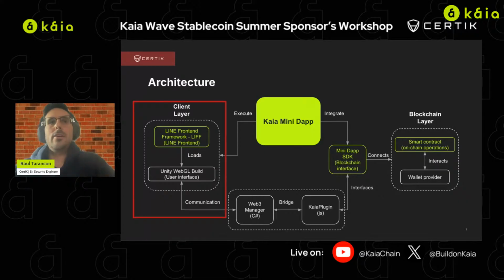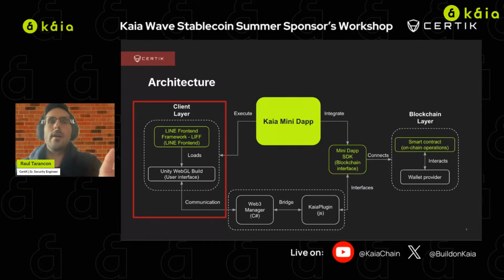On the left side we have the client layer. This side includes components more related to the UI, the user interface. Here we have the Line Front-end Framework, or LIFF.